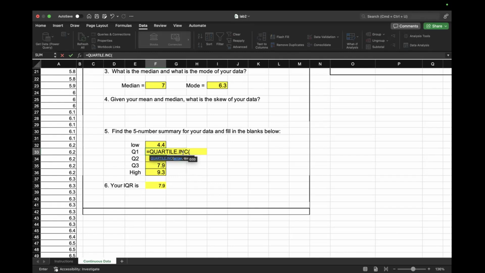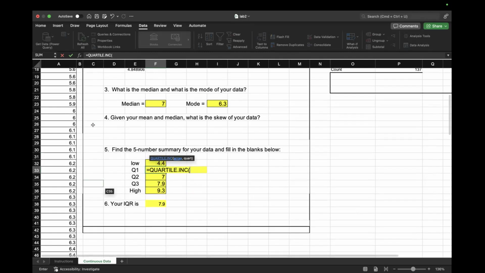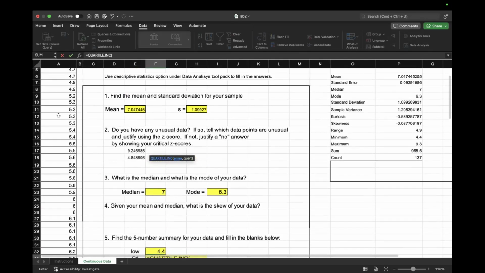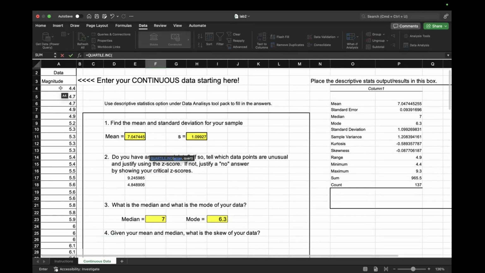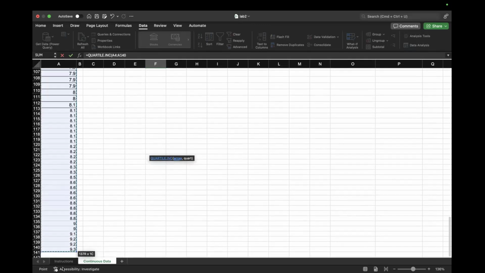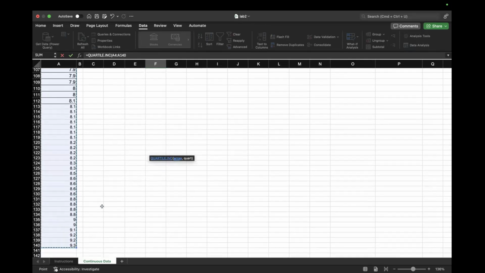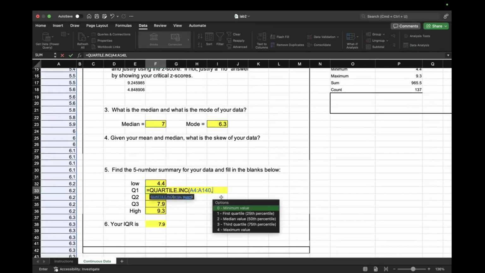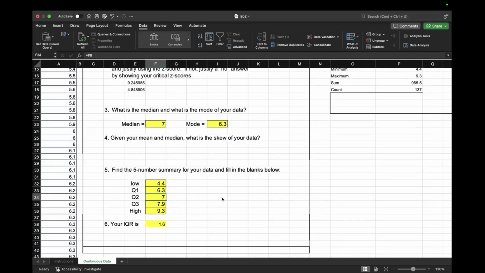Once you put quartile INC, then you just highlight your data. Whenever it says array, it wants you to highlight your data. So I'm just going to highlight all of my data. Then hit comma. I want the first quartile, so I put 1 and then close the parentheses and hit enter.